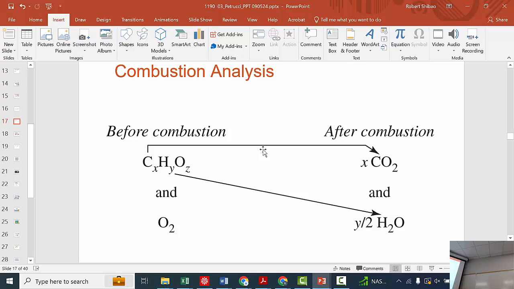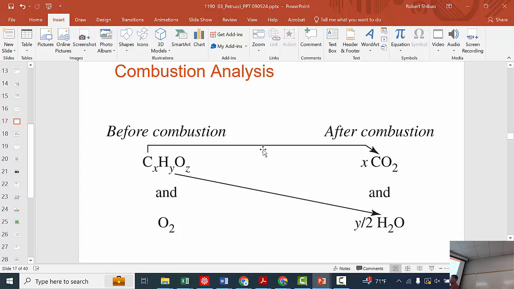Now our Z is difficult, because the oxygen here doesn't just come from Z. The oxygen here comes from Z and the oxygen from air, which we'll call W. So this is going to be a mix of W and Z. Does that make sense?